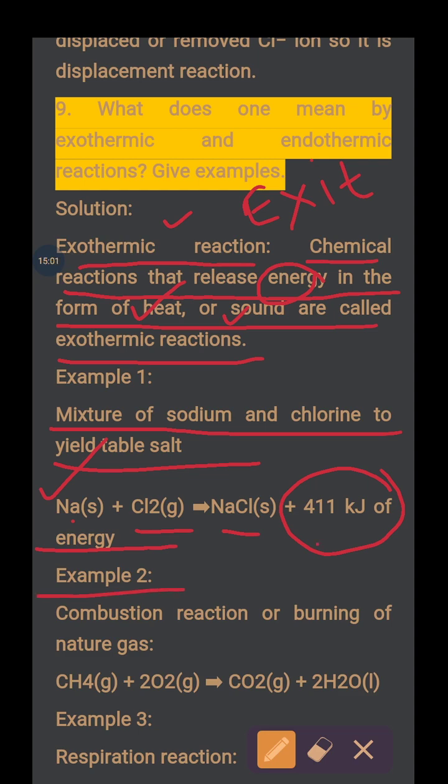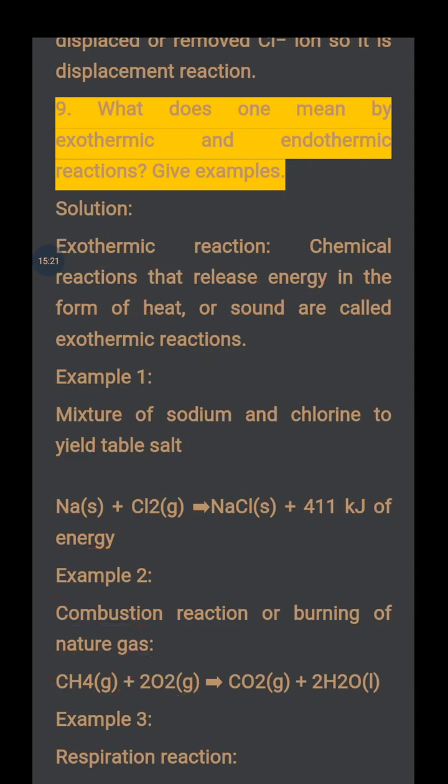Example 2: combustion reaction, burning of fuel. Methane CH4 plus 2O2. Already we have studied in class that in the combustion of an organic compound, carbon dioxide and water always form, we just have to balance the equations. Plus heat, plus energy, right?